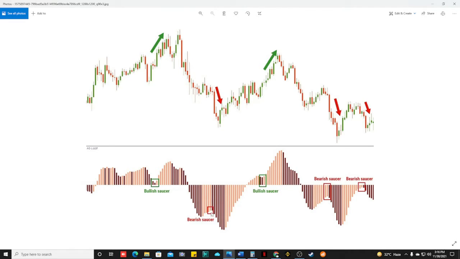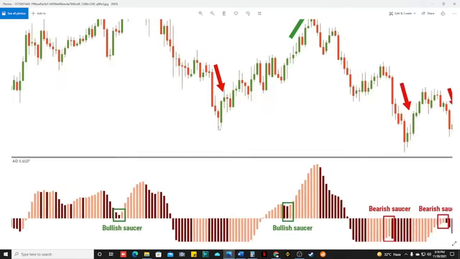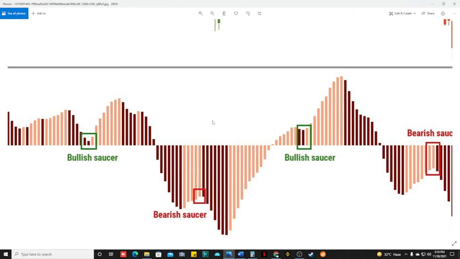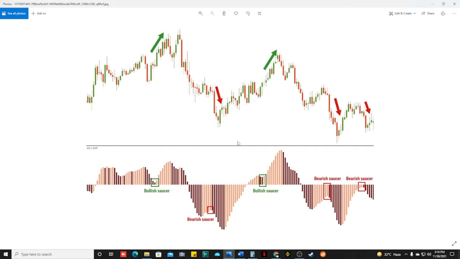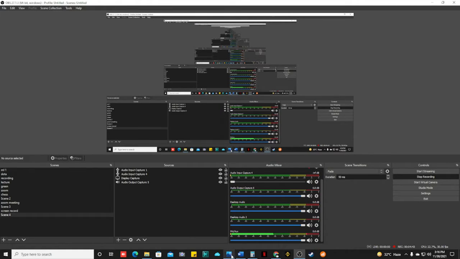The next candle is red, there is so much volume, so there will be a big volume here. You see the continuation from here to here, still going down, and this one still going down. So that's how you use the awesome oscillator.